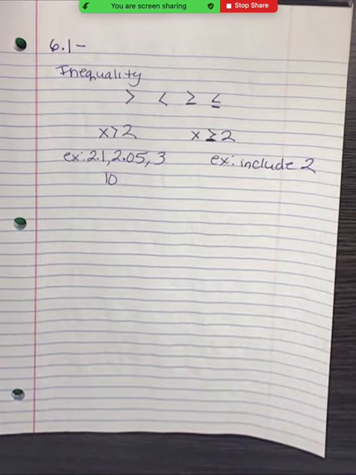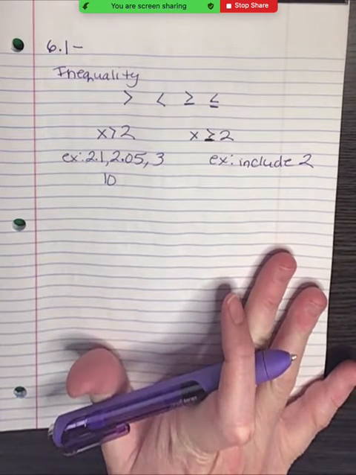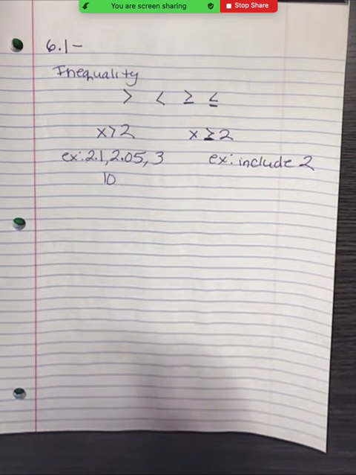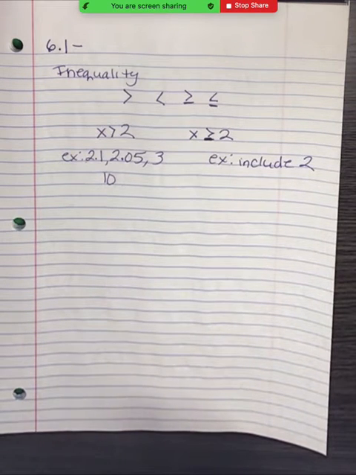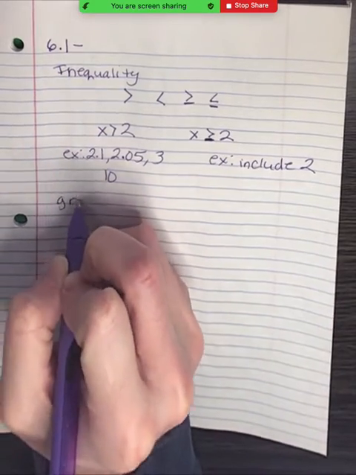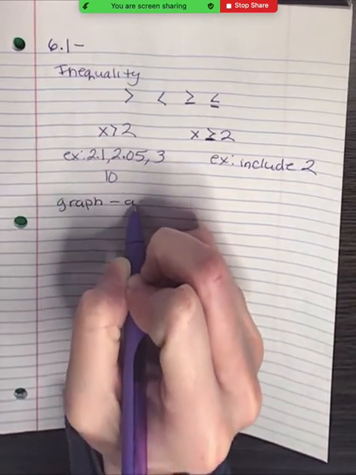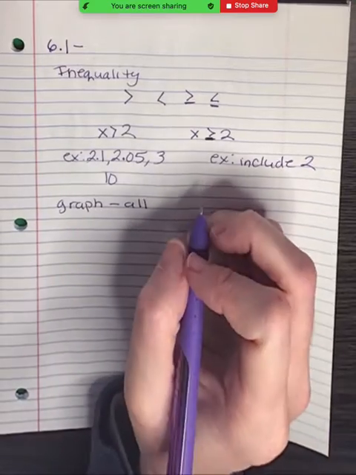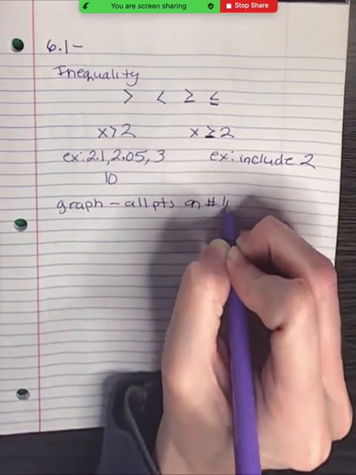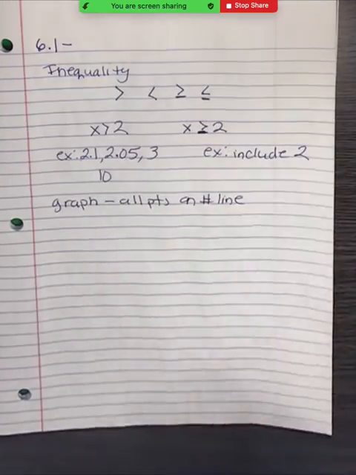Okay? So we can graph linear inequalities. We graph them similarly to graphing a linear equation in one variable. Okay, so it's going to be all points or all values, okay, on your number line that represent the solutions.